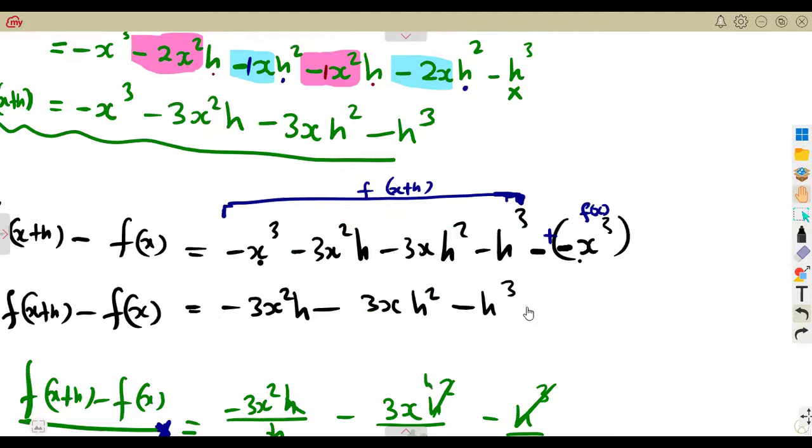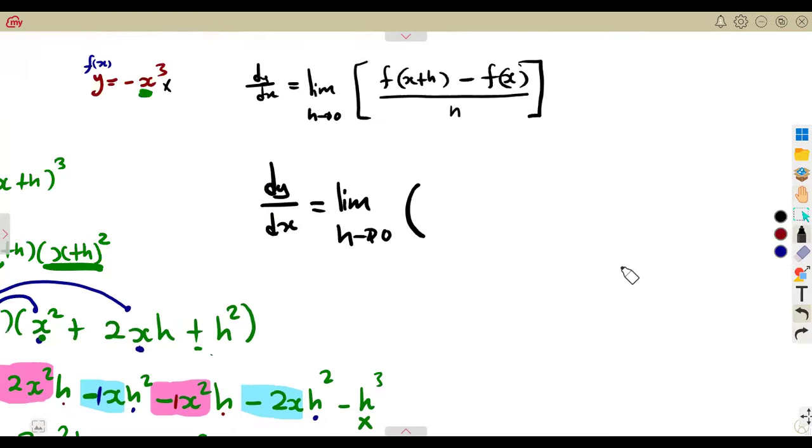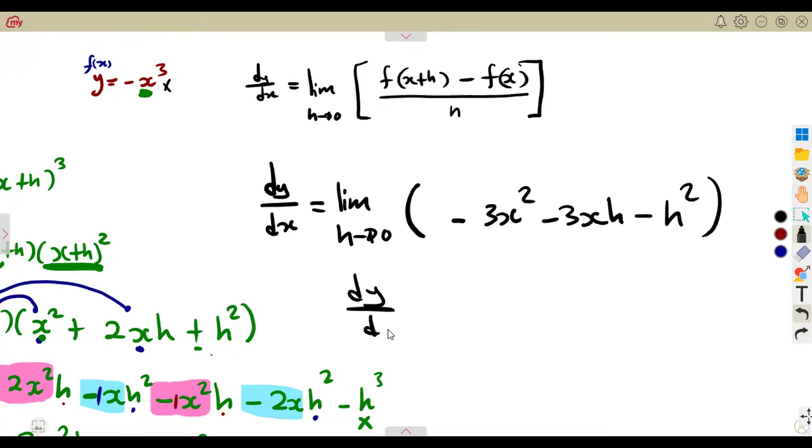So let us see what we're going to have. As we can see there, it was minus 3x squared minus 3xh minus h squared. This is what we got. But we are saying h is supposed to be limited to 0.